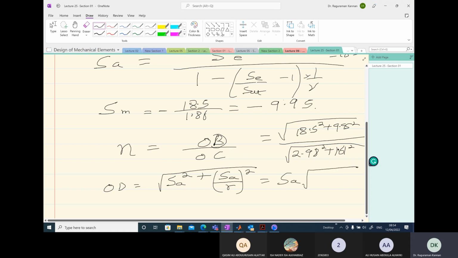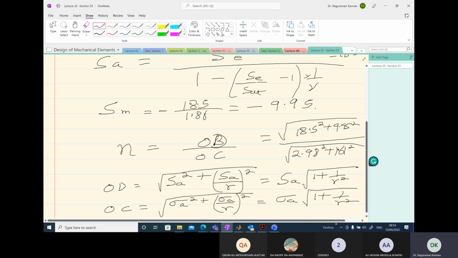In the square root, we will have 1 plus 1 over R square. In the same way, the length OC can be evaluated as sigma A square plus sigma A over R whole square. Again, we can see sigma A times the square root of 1 plus 1 over R square.